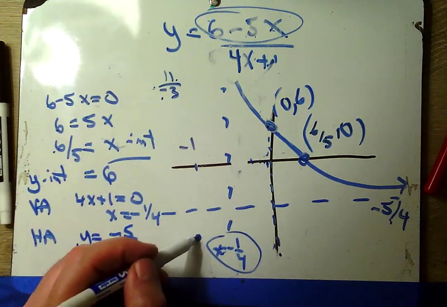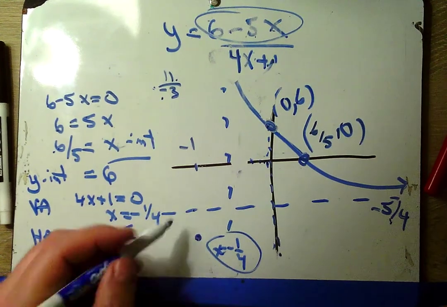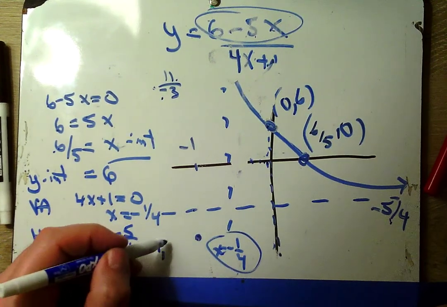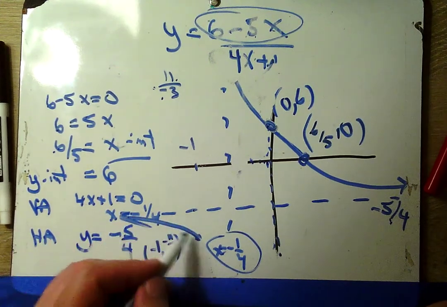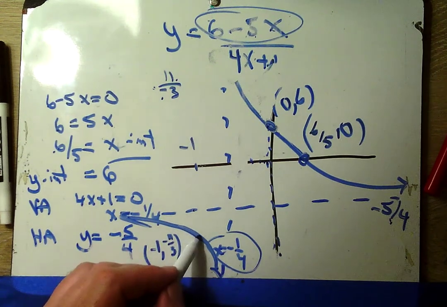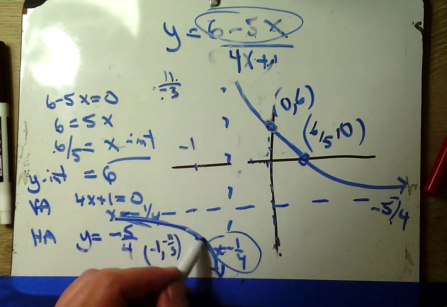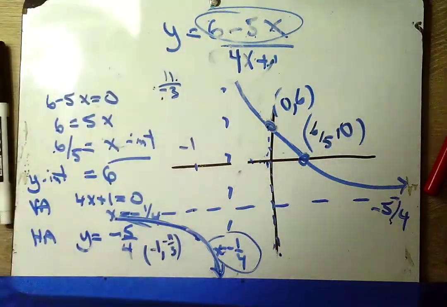So negative 3.66 is going to be below negative 1.25. And so that's where my test point lands me. Negative 1, negative 11/3. Yes, I do need you to label a test point over there. And there's our graph. Okay, we're going to pass through this point and bend to that asymptote and bend to that asymptote. Fabulous. Okay.